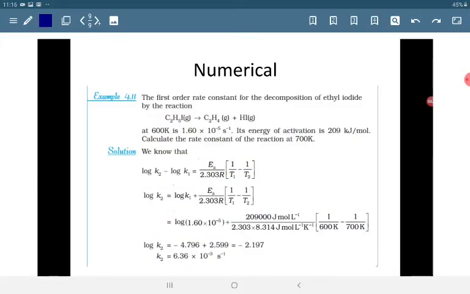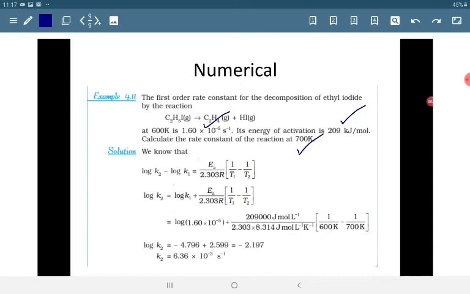Now you will solve this numerical. The first order rate constant for the decomposition of ethyl iodide by the reaction at 300 Kelvin is 1.60 into 10 raised to the power minus 5 per second. So this rate constant is given and the energy of activation is also given, and you have to calculate the rate constant at temperature 700 Kelvin.